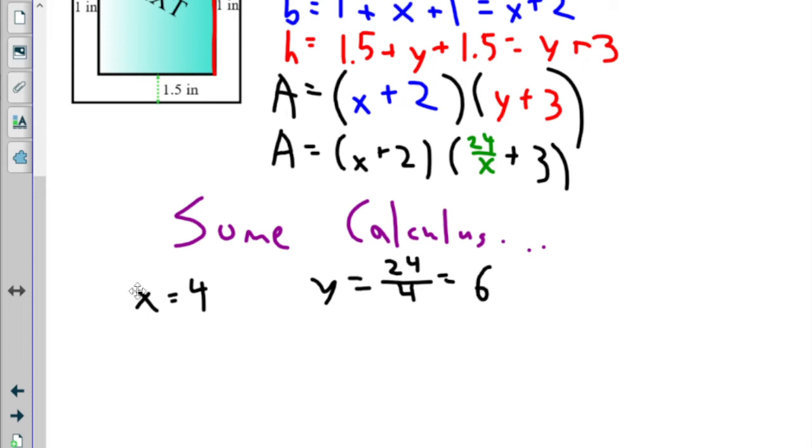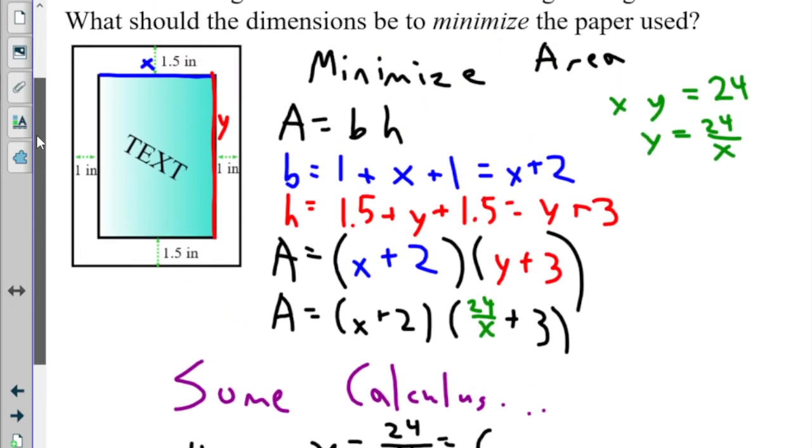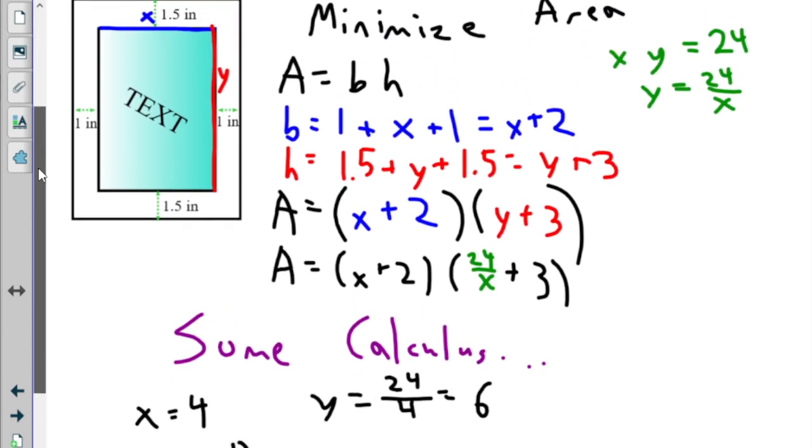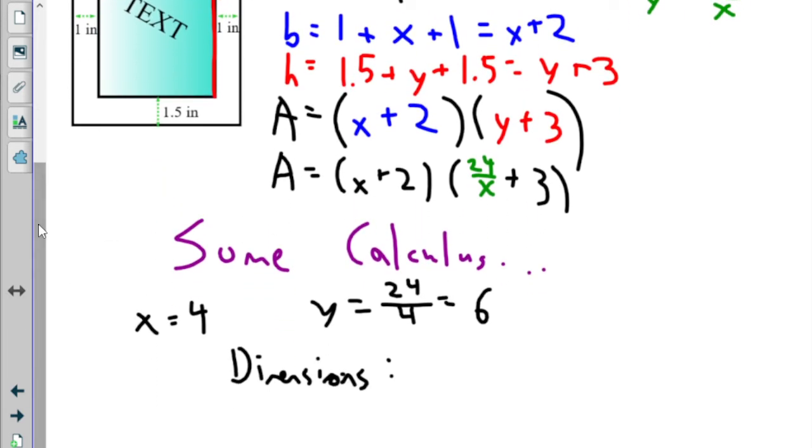So using that, our actual dimensions, the base along our distance here, well, we have that 4 plus the margins, being 6.